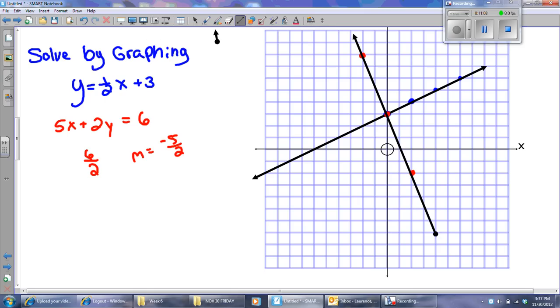And of course I need an arrowhead on this end, and my point of intersection is the solution to the graph, and they're both crossing at the point 0, 3, and there is my solution.